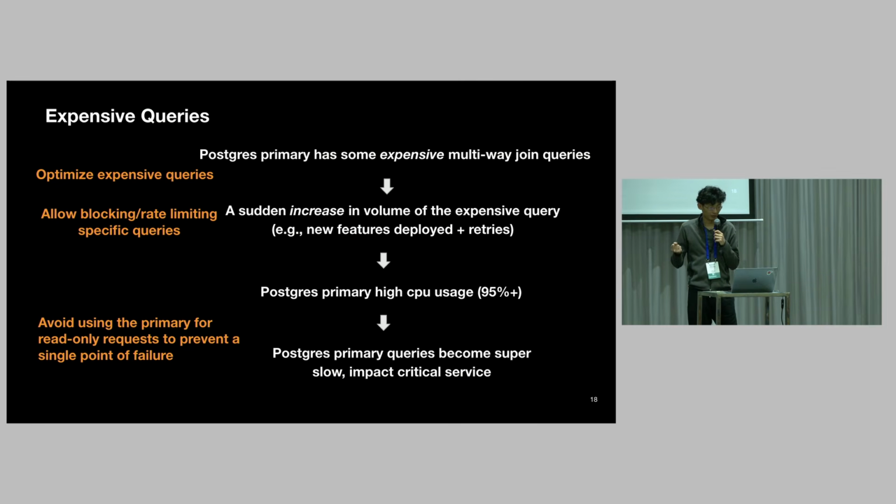So as discussed before, we avoid such a single point of failure in the primary by moving the most critical requests to replicas, so that if the primary fails, it will not impact the critical service.